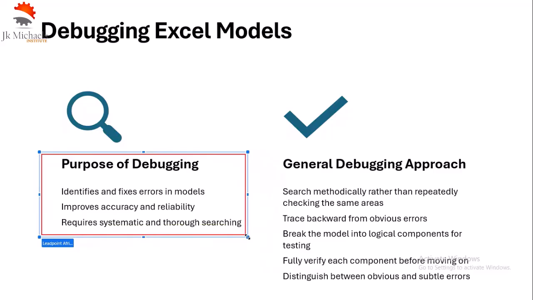So let us assume that things go wrong in the model. A wrong formula was used, or maybe we did not properly check the iteration box, right? All of these things can bring about problems, errors in the spreadsheet.